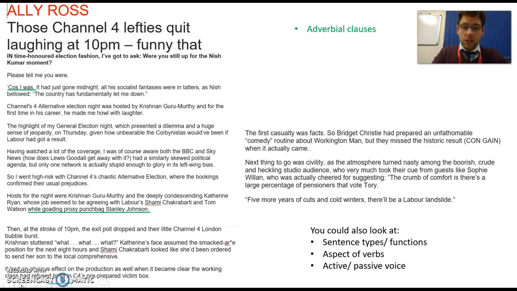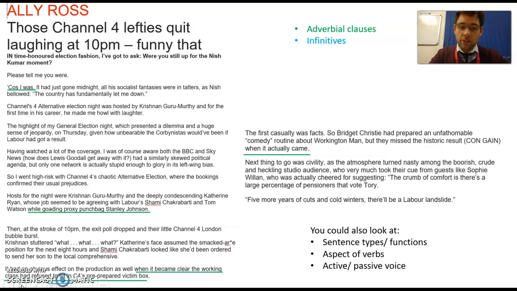Yeah, she was agreeing while goading. There's "when it became clear the working class had refused to sit in Channel 4's pre-prepared victim box." So there's that adverbial clause there that shows how actually the voters didn't do what Channel 4 wanted. And there's "the Conservative result when it actually came," I talked about. So 4 different adverbial clauses I think you can pick apart and talk about.